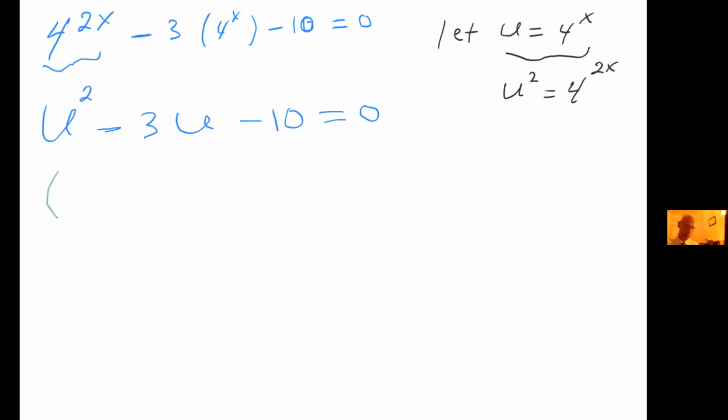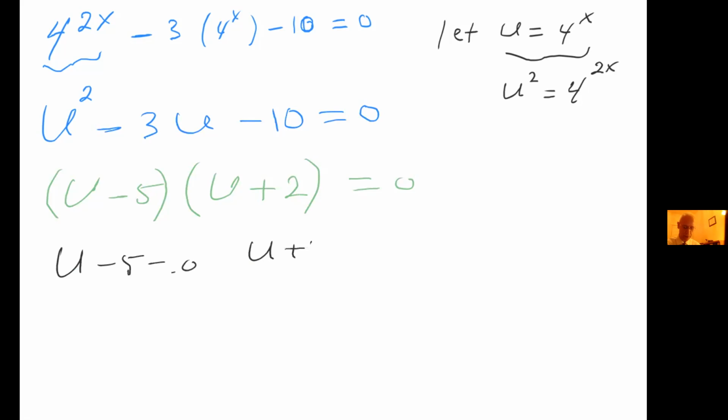Let's factor it to u minus 5 and u plus 2. So using the zero product property, u minus 5 equals 0 and u plus 2 equals 0. So u equals 5 and u equals negative 2.